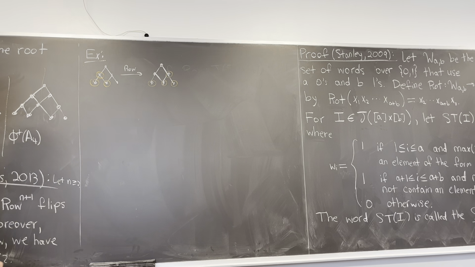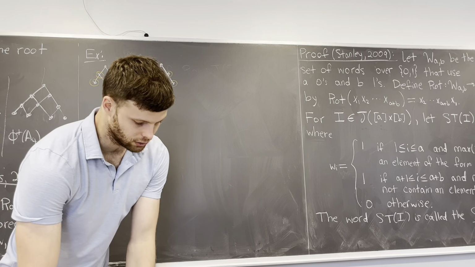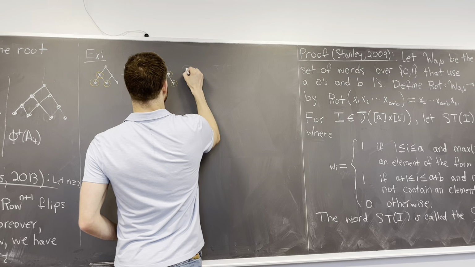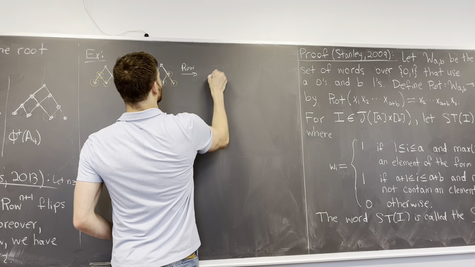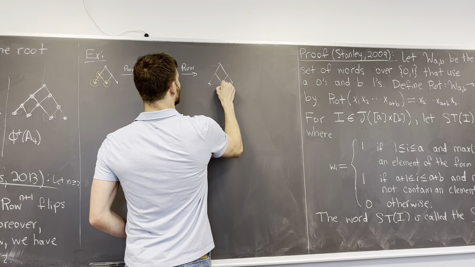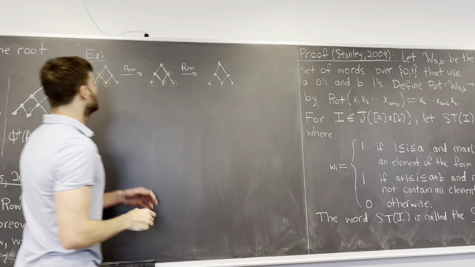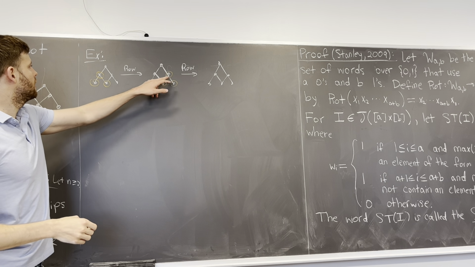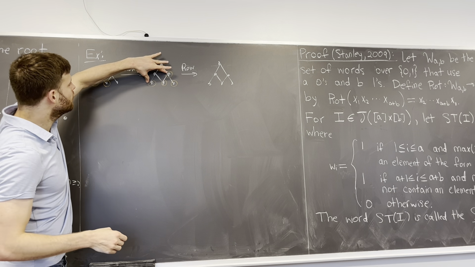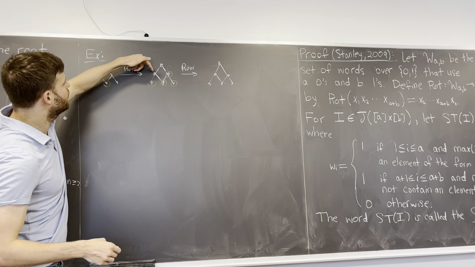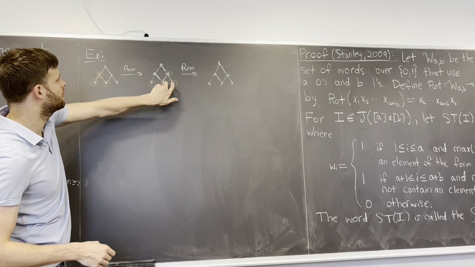Okay. I think this orbit has size 8, so I'll draw all 8 of them. The maximal elements are these two elements. I saturate upward, I get all 4 of these elements. I take the complement, and I'm left with these 2 elements here.